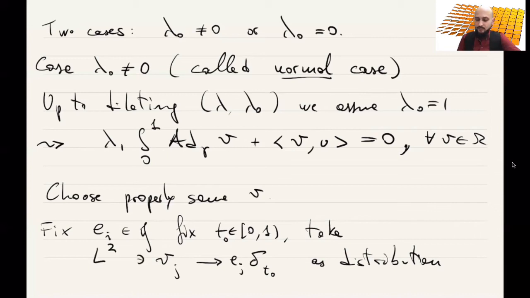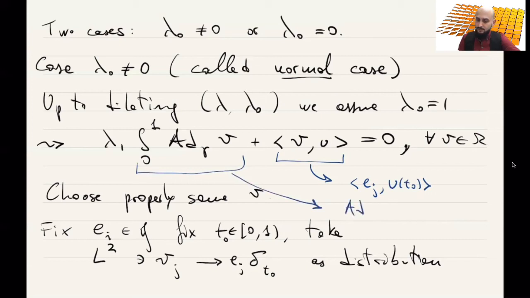Then what happens is that this term will converge to the scalar product between ej and u at time t0. This one here instead will converge to ad gamma t0 ej.